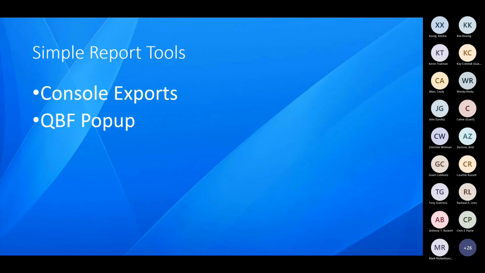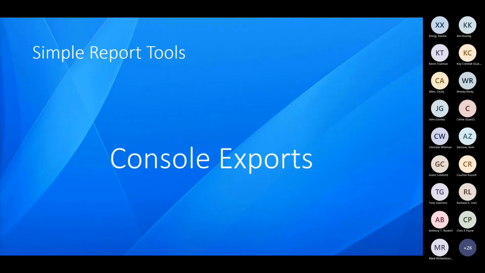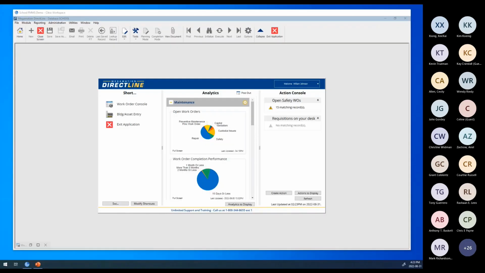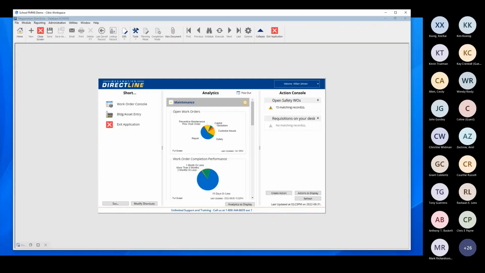So we're going to start with console exports, and this would be if you've used the work order console or you've used the project management console, you've probably seen these export buttons on those consoles. And what they do is they export the data that you're looking at, whatever that data happens to be, into Excel for you.